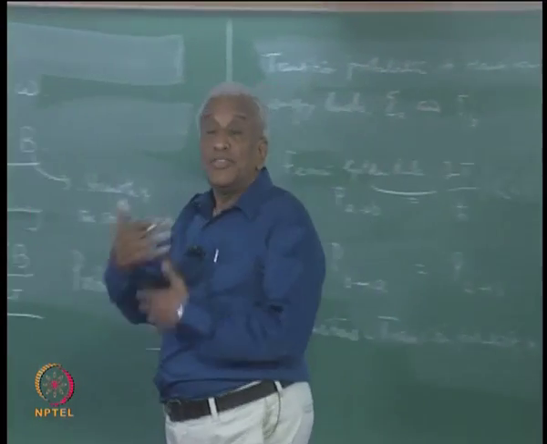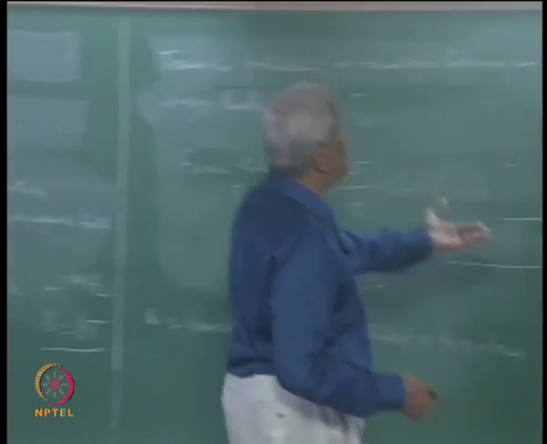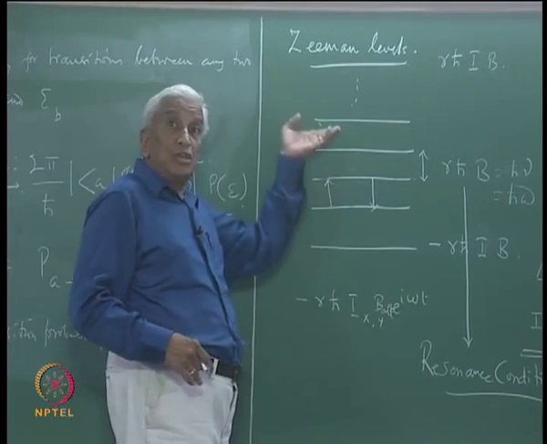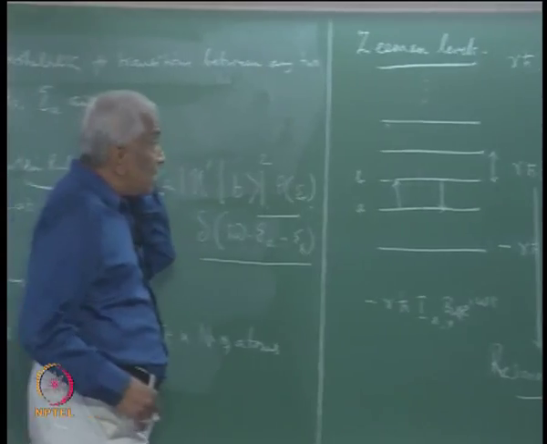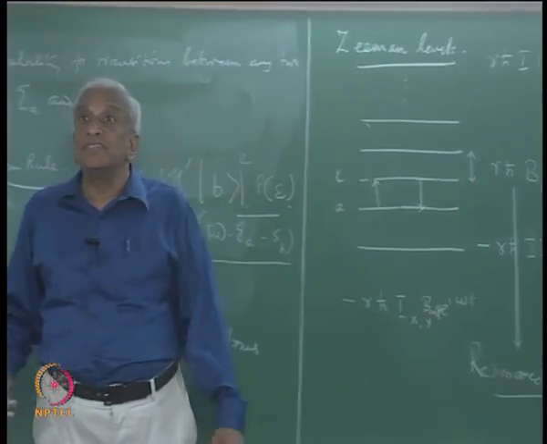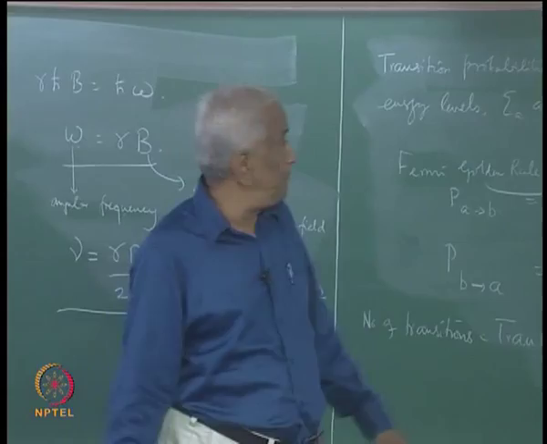There will be a net preferential transition in one direction only if there are unequal populations in the two levels which are being coupled.